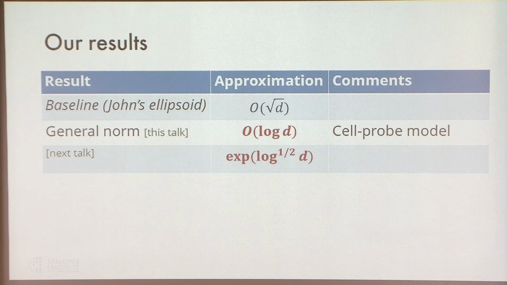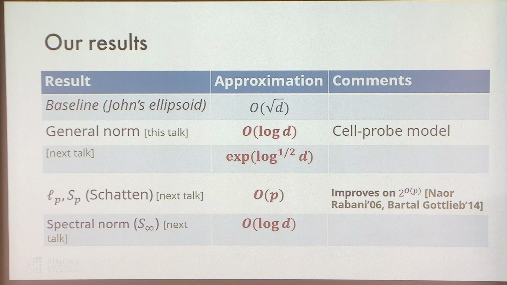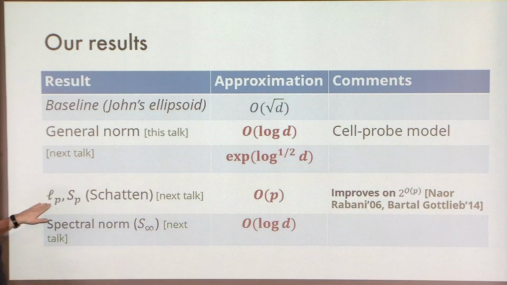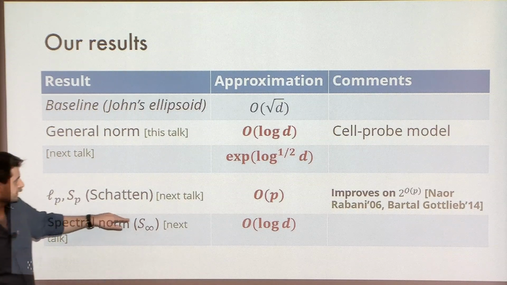But it is a general technique that can be applied to many norms, and for many norms one can get better bounds. For example, for l_p spaces, where you can think of p as being bigger than 2, as well as for Schatten norms, which are norms on matrices, one can obtain approximation of order p.